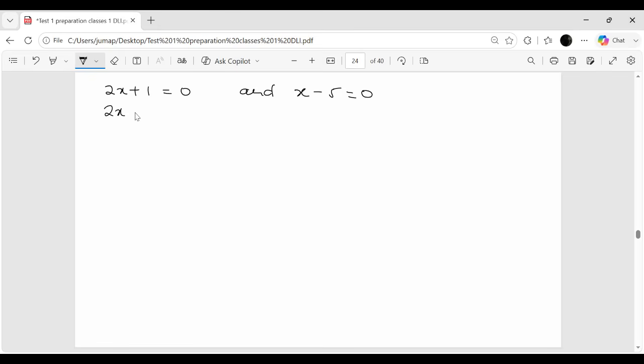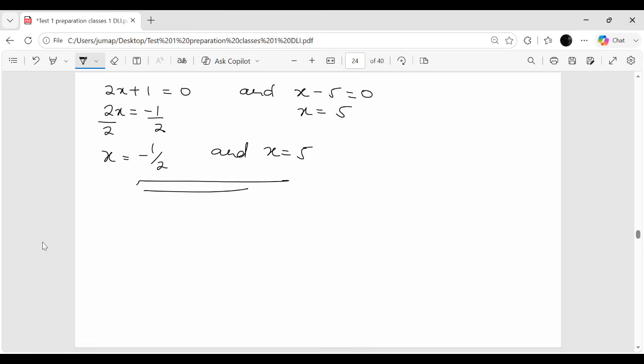The 1 comes to this side, it's going to be equal to negative 1. Then this one is going to be x is equal to 5. Then this one is going to be dividing by 2 by 2. Then x is going to be negative 1 over 2, and x is going to be equal to 5. And there you get your two solutions.